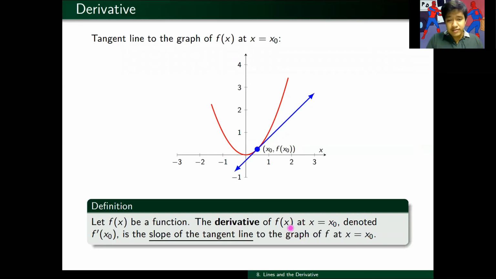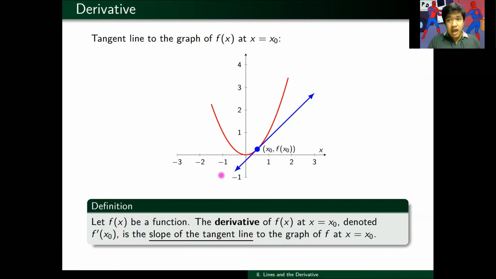So yung derivative of f of x at x equals x0 denoted by f prime of x0, ito yung magiging notation natin for the derivative at x0, where x0 is any real number, is the slope of this tangent line. Okay? So ibig sabihin, kung ano man yung slope ng blue line na to, yaan po yung tinatawag na derivative nitong f na to at the point x equals x0.